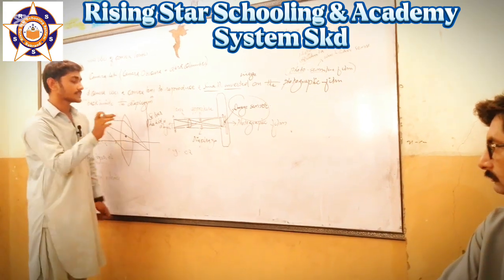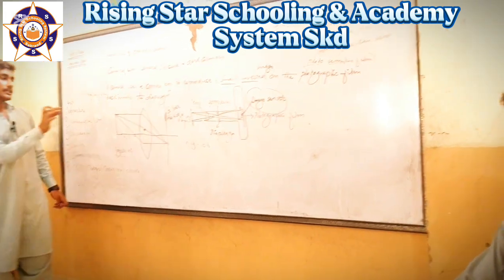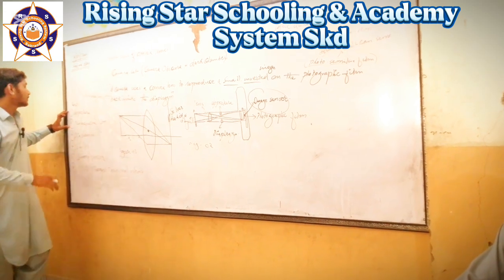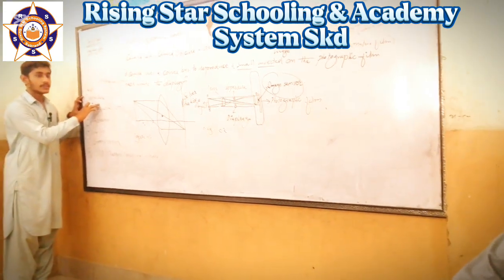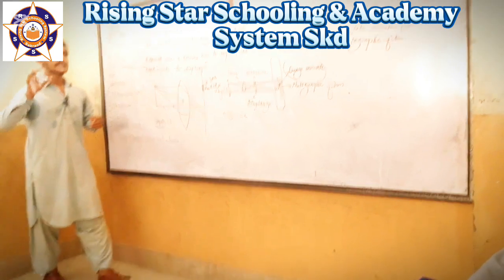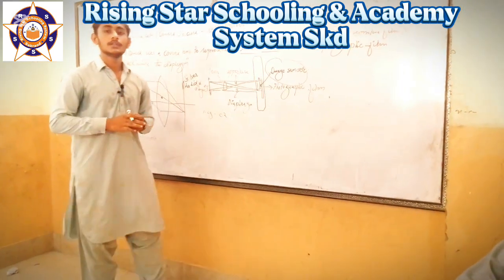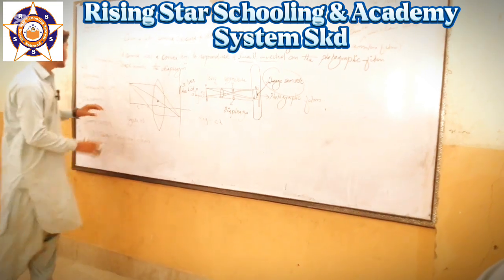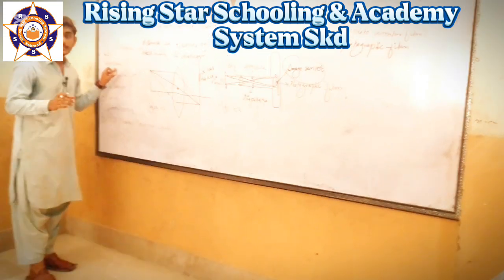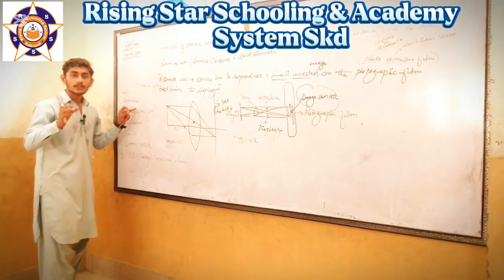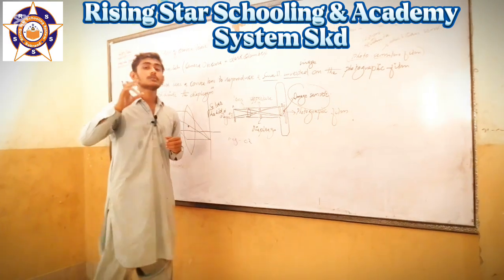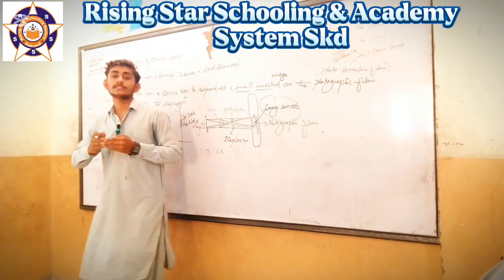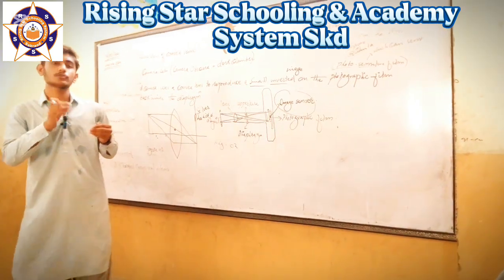Okay, so we will discuss briefly how these parts work. Firstly, the part that I have written, that is aperture. The work of aperture is to maintain the light exposure, to balance the light, that is, how much light has to pass. Whenever we are hungry, we eat according to our limitations, how much we have to eat.